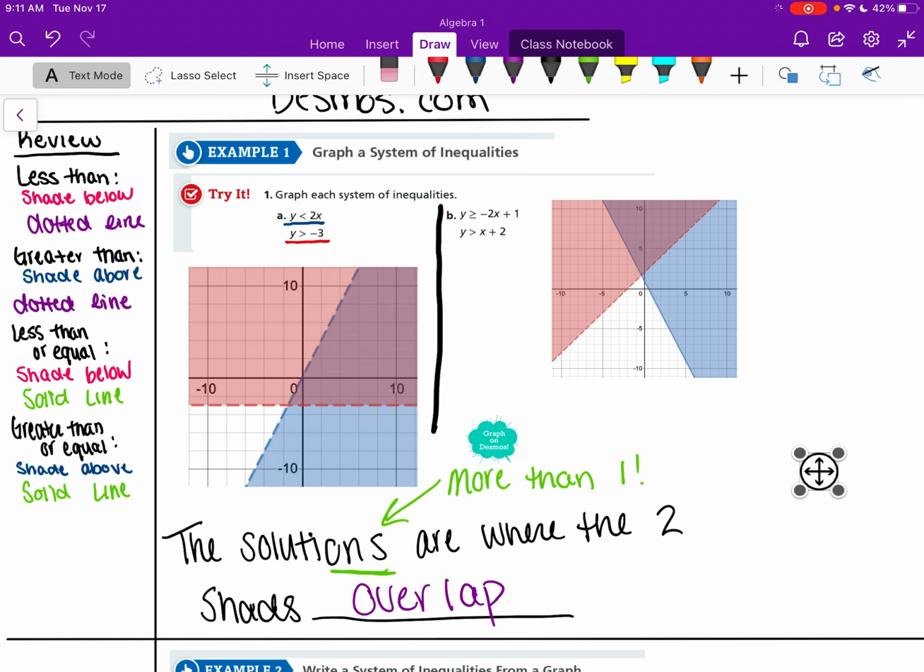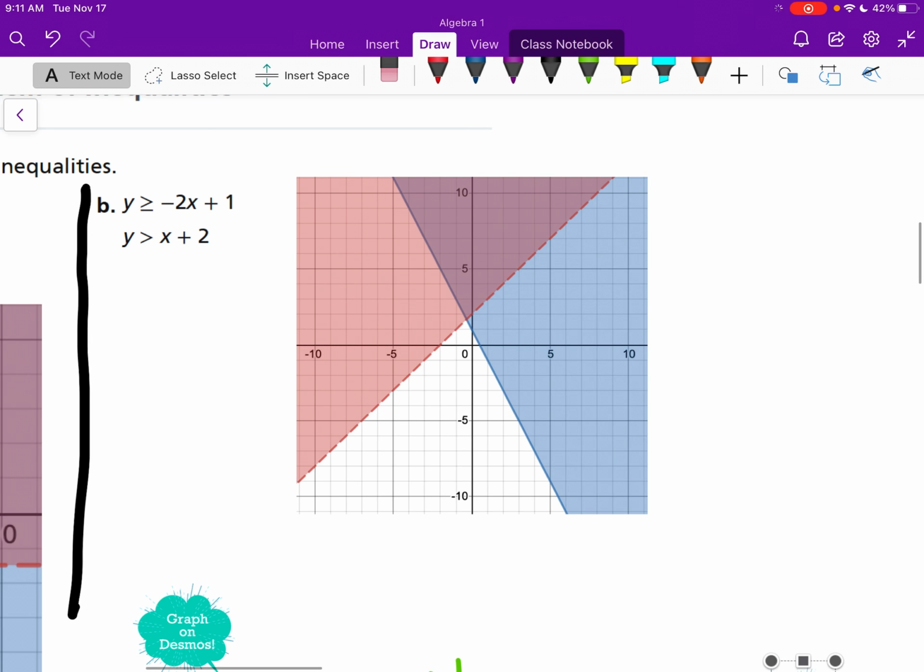We end up with two lines, two shadings. Let's zoom in and look at them. Y is greater than or equal to, pay attention, it has that or equal to, that's that blue line, it's a solid blue line because it's got this or equal to, and it's greater than, so we're shading above that line. The second line is y is greater than x plus 2.